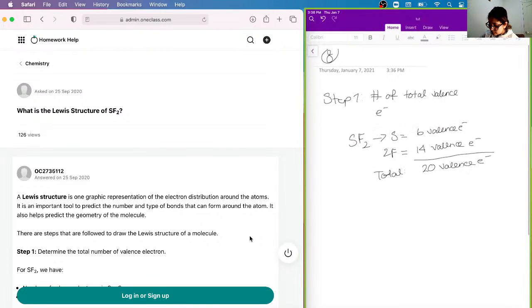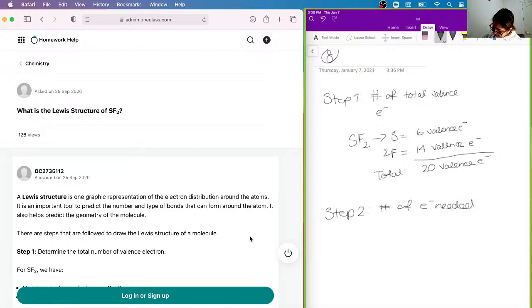Step 2 is to determine the number of electrons needed for bonding.